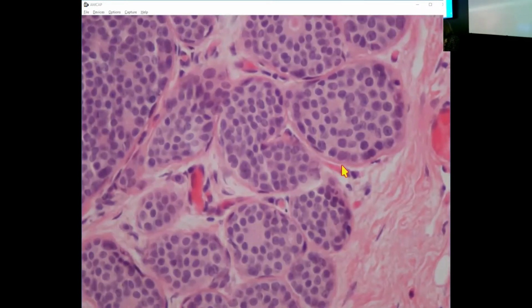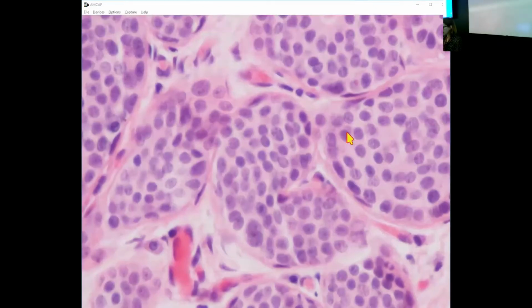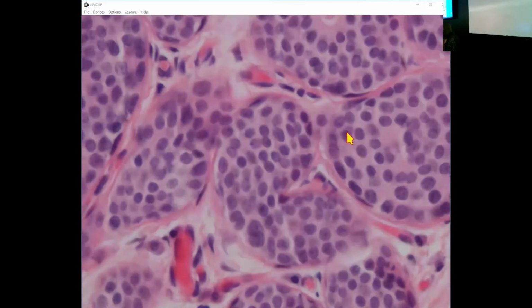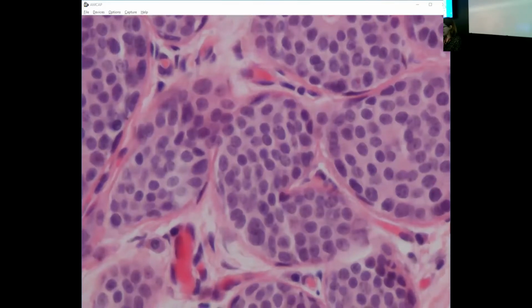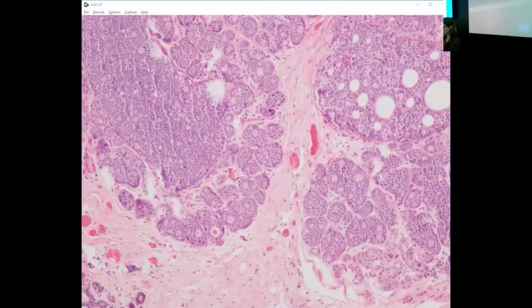Actually, you can see it in this one. I don't know if it shows on the screen so well, but you can see the cell membranes between the cells. At higher power, it gives you this mosaic pattern around all the low-grade nuclei, which I think can be a helpful feature for deciding about atypia versus non-atypical lesions.